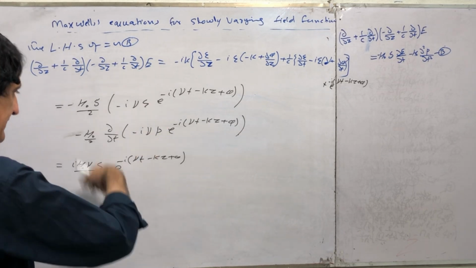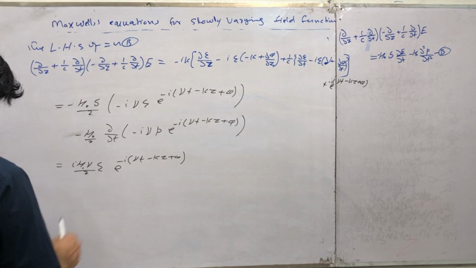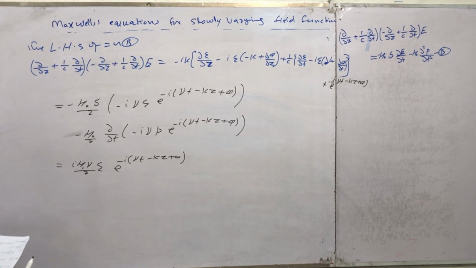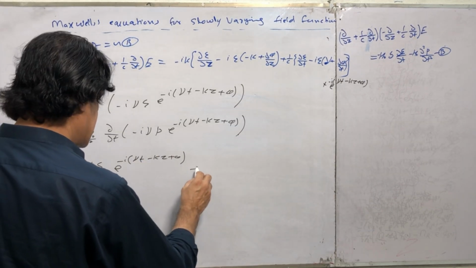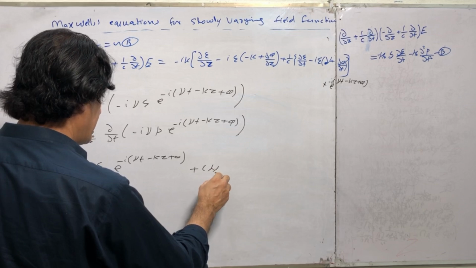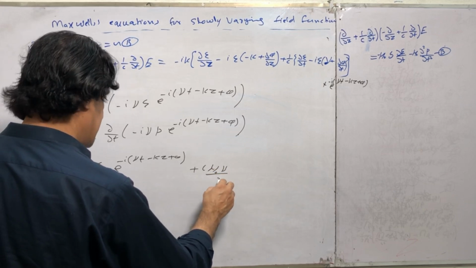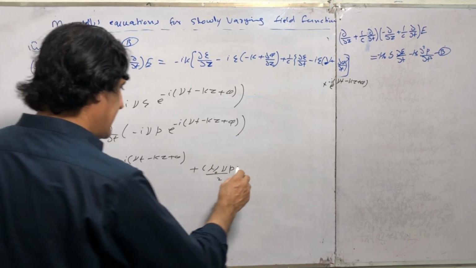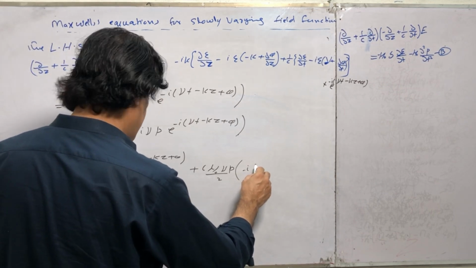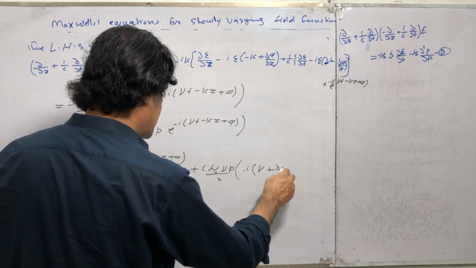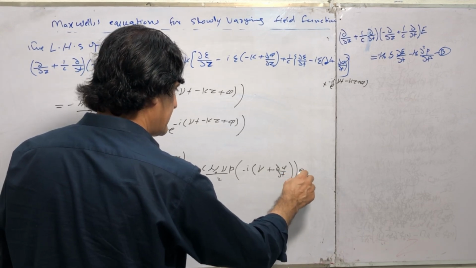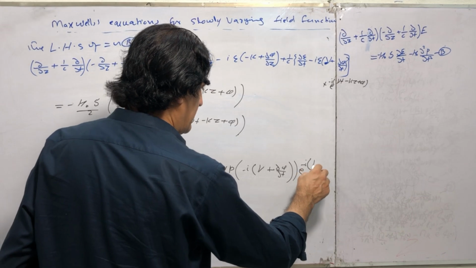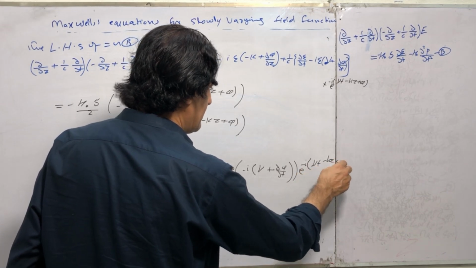after applying this differentiation as well, and applying the approximation, differentiation and approximation, then you can get iota mu divided by 2, and here minus iota mu plus partial phi divided by partial t, and e to the power minus iota nu t minus kz plus phi.